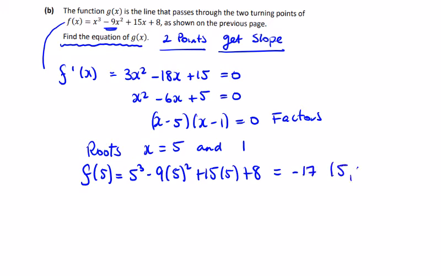So x is 5, y is minus 17, and f of 1 is easy.